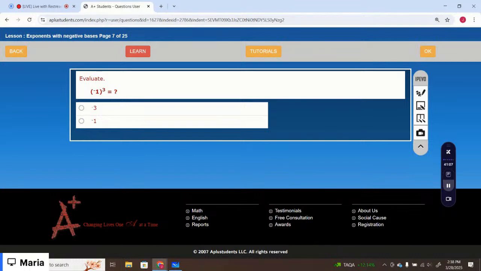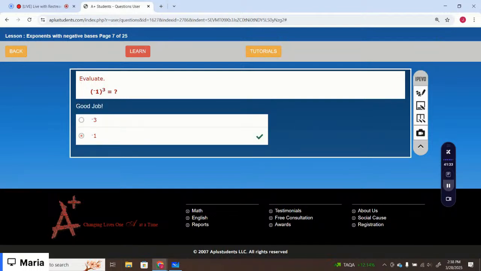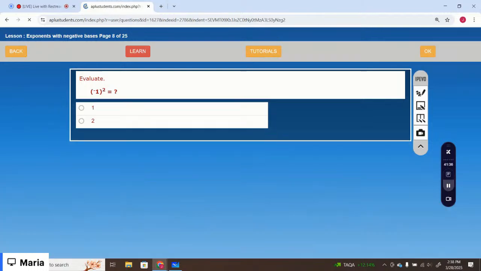Negative 1 cubed. Negative 1 times negative 1 times negative 1 equals negative 1. Option number 2 is the correct option.